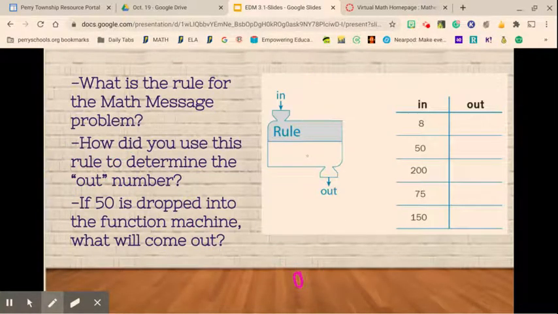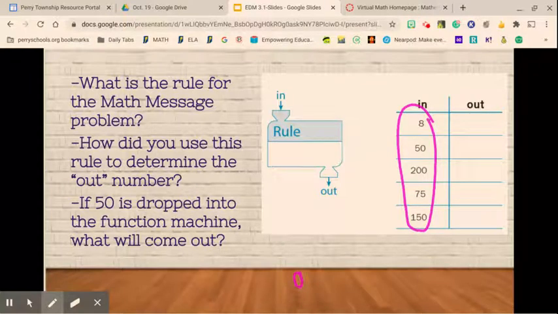So what's my rule problems? There's 4 different types. On this one, we had to determine the out number. So we know how many cookies went in the oven or were being made, and we had to figure out how much came out. So we use this by talking about a function machine.